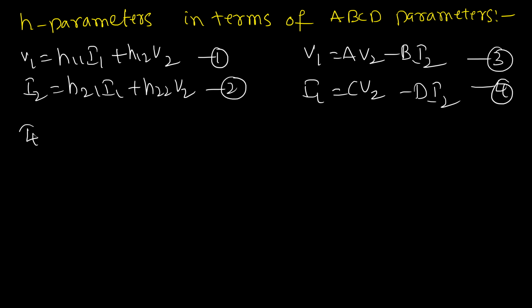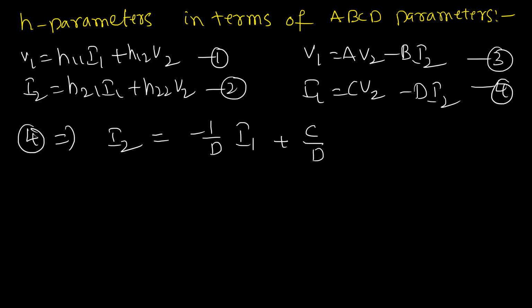Now consider the fourth equation and write the relation for I2. There you can get minus 1 by D into I1 plus C by D into V2. Call it as equation 5. You compare this equation with second equation. There you can get H parameters H21, H22 in terms of ABCD parameters.